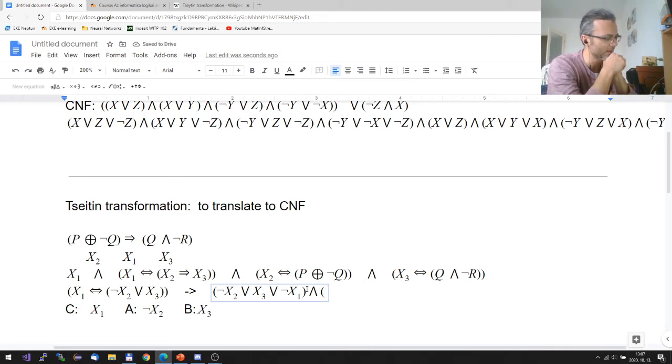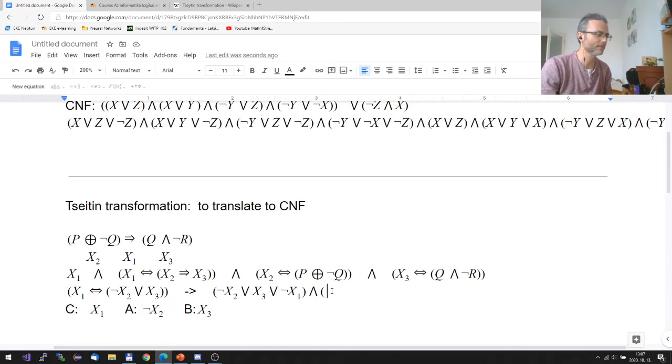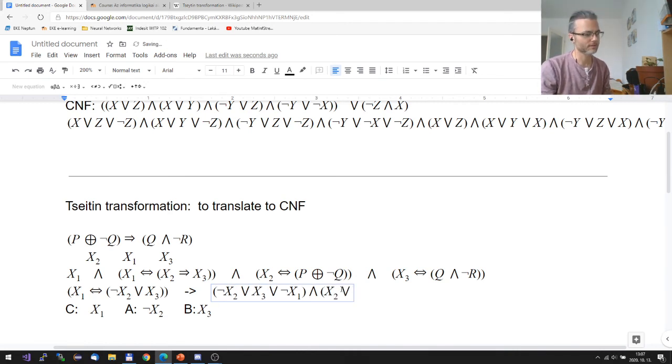Not A, which is now x2, without negation, right? Yes. And then C, which is x1. Okay, x1, sorry, x1. Right. Okay, thank you. Great.